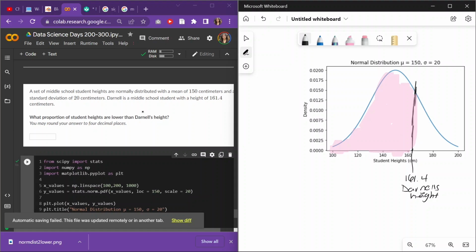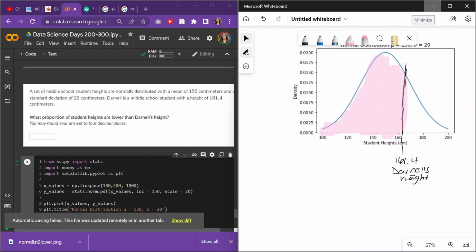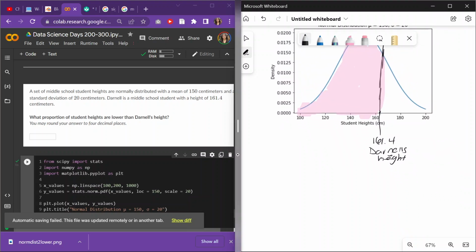So basically, how do you figure this out? Well, there is a function called normalcdf in your TI-84 or TI-83 calculator, and I'll show you how to do it with Python too.